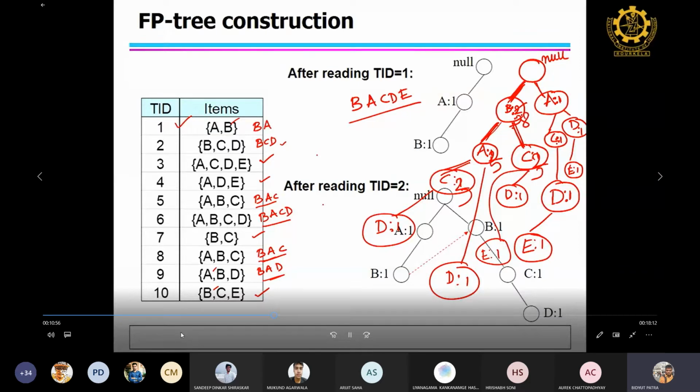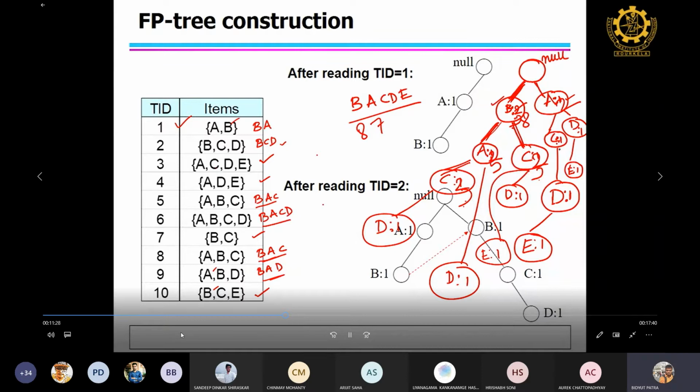Now you check each item's cardinality. B was 8. A should be 7, so A is 5, this is 6, 5 is A, one more A, this should be 6, and this should be 2. So this is 7. Then C was 3, 3, 3, 6.